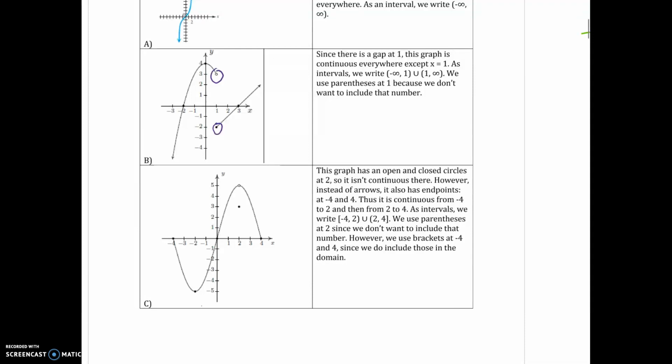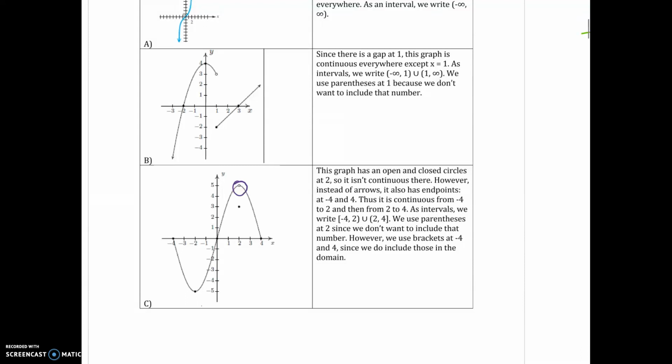When you look at example C, you can see that I have, from negative 4 to x equal 2, a continuous function, but at 2 I have an open circle. I can show you right there, you have an open circle, and that means you have a point that is not a solution of your function.